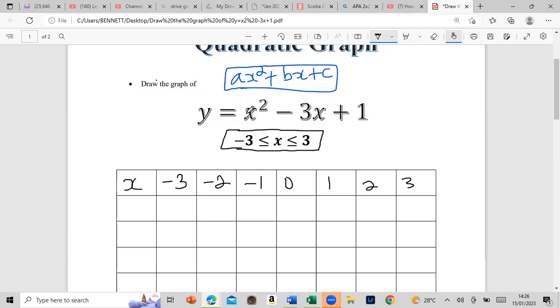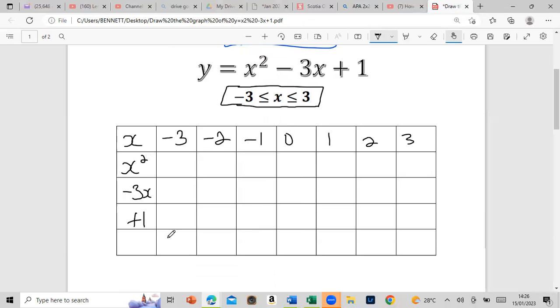The equation says x squared minus 3x plus 1, and our final part is to put in the y.